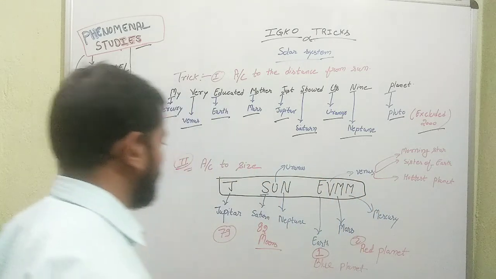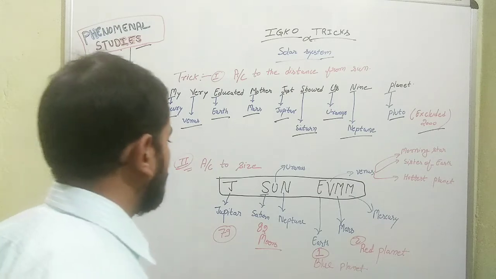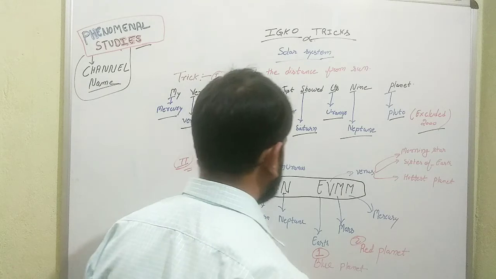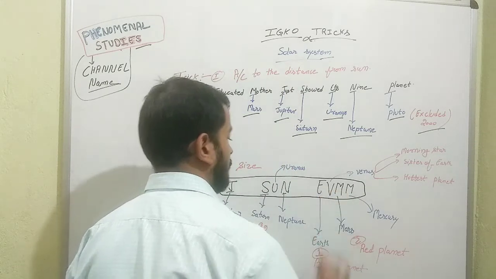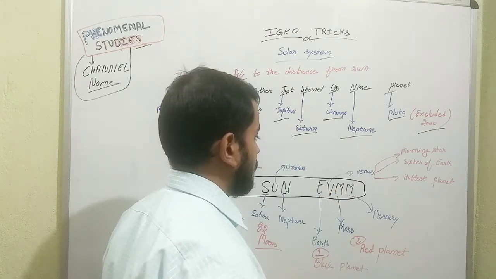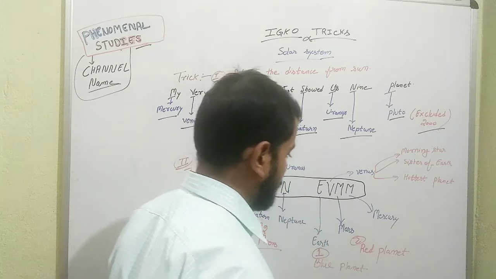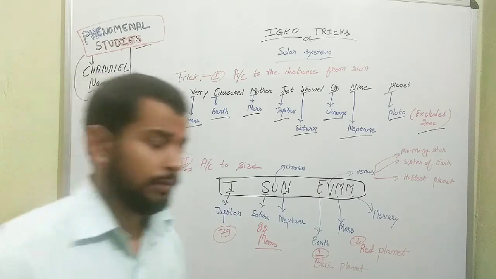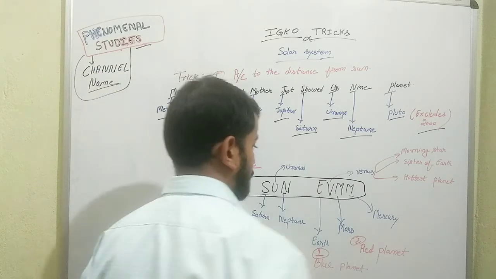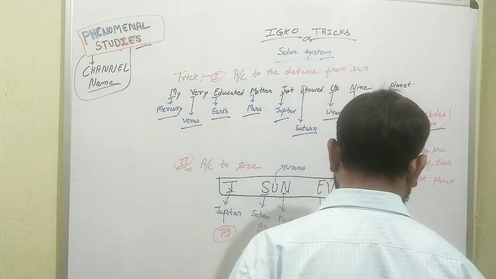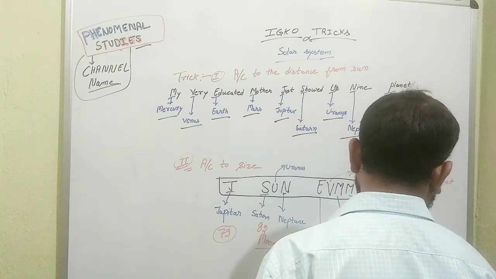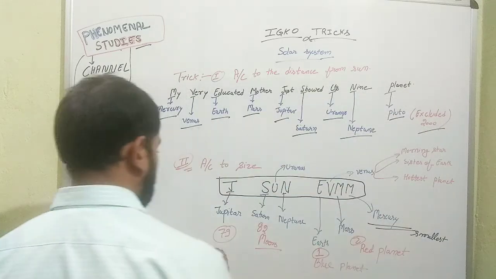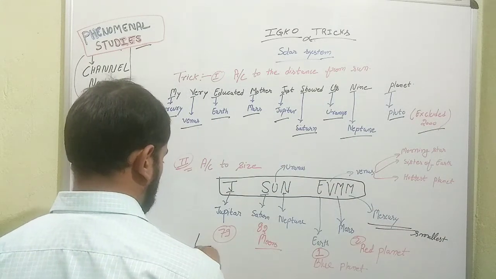Now how you can see it: J stands for Jupiter, S stands for Saturn, U stands for Uranus, N stands for Neptune, E stands for Earth, V stands for Venus, M stands for Mars, and the last M stands for Mercury. So you can see the smallest planet is Mercury here, and the largest one is Jupiter. So keep it in mind.